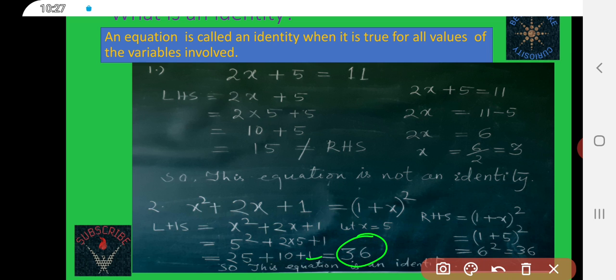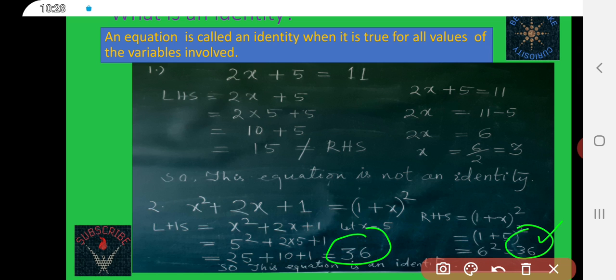So LHS is 36. Now see the right hand side, (1 plus x) whole square. x is 5, so (1 plus 5) whole square. 1 plus 5 is 6, so 6 square is equal to 36. The right side value is 36, and the left side is also 36.